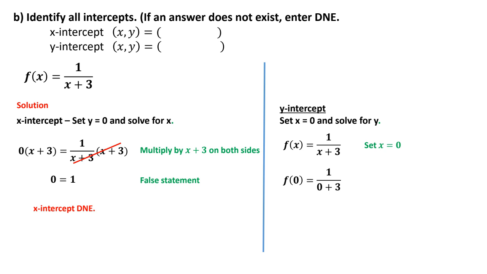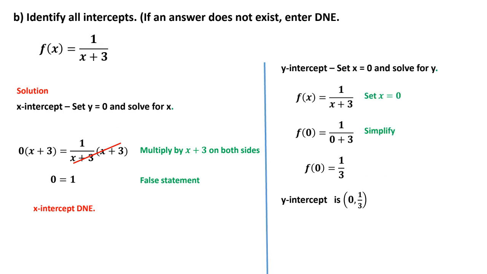Everywhere I see x, I'm going to plug in 0 and simplify. So 0 plus 3 is 3. So y is equal to 1 over 3, or 1/3, right? So our y-intercept, as a point, is 0 for x, 1/3 for y. Okay.